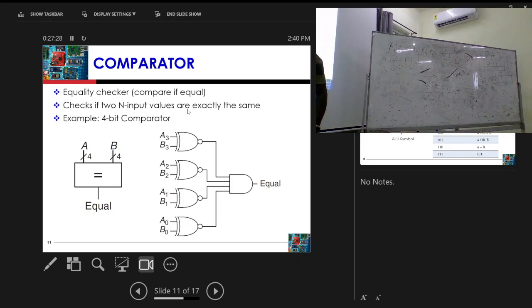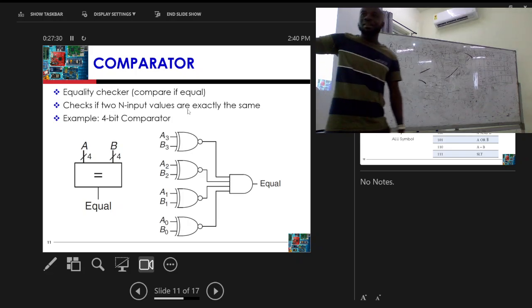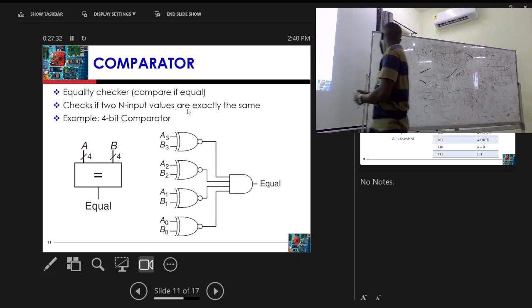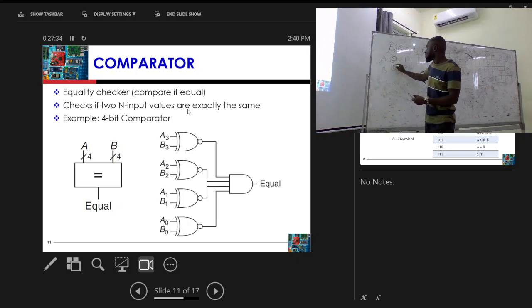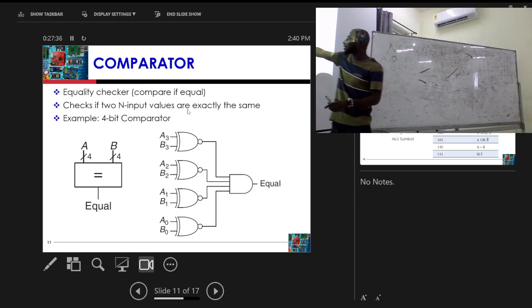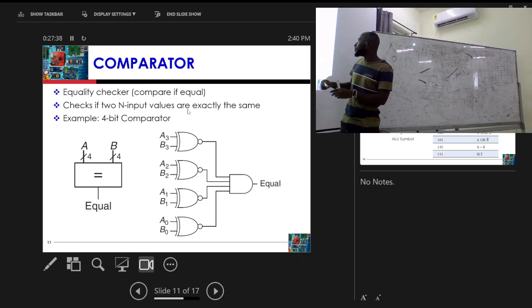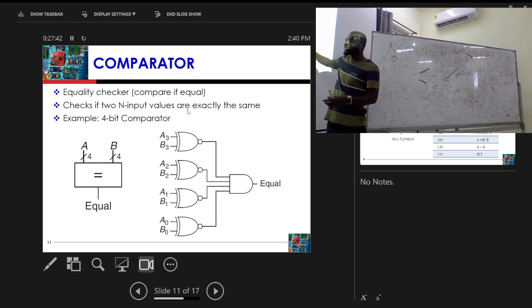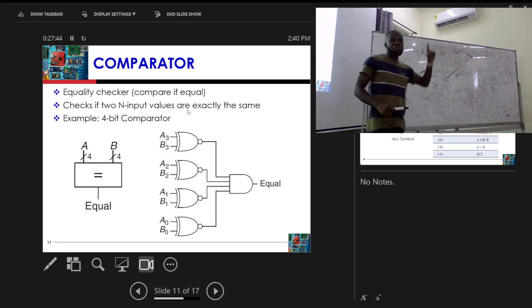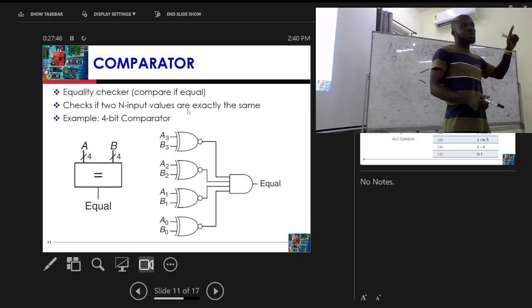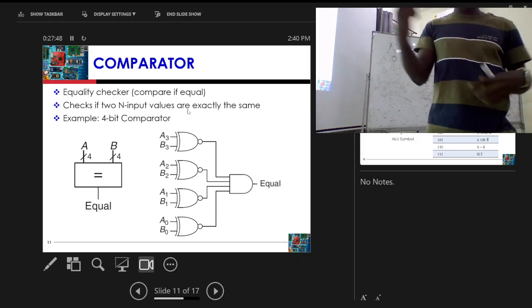Here is 0, here is 1. What happens to the output? 0. So if it becomes 0 here, automatically you don't even care about this anymore. The output is 0, even if just one of the bits is different.